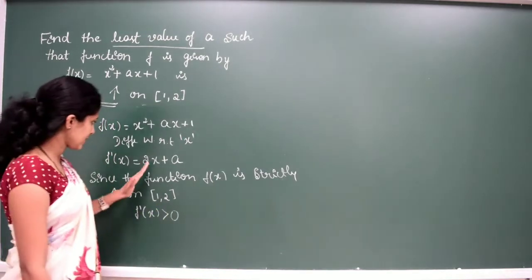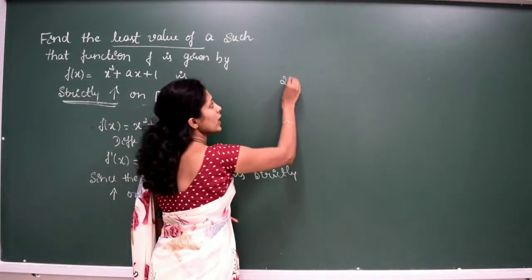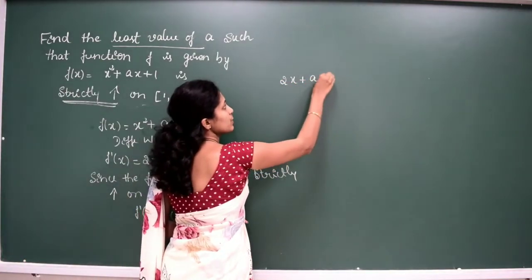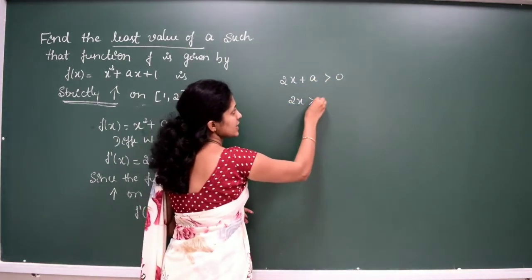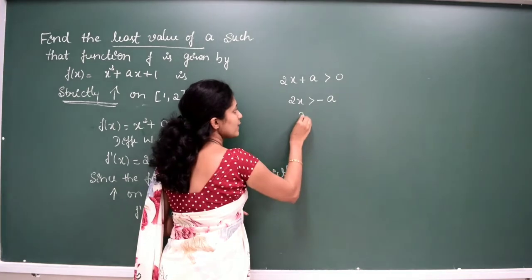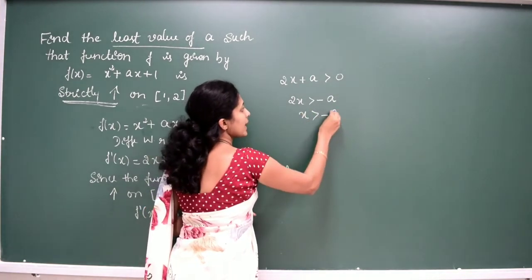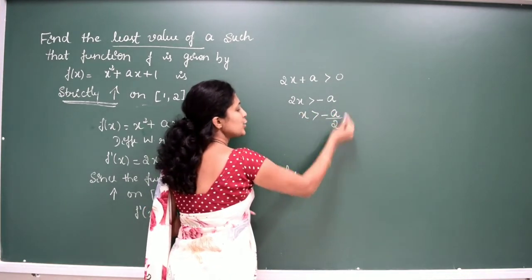Since it is increasing, f dash of x, which is 2x plus a, should be greater than 0. By this we can write 2x is greater than minus a and the value of x is greater than minus a divided by 2. Right?